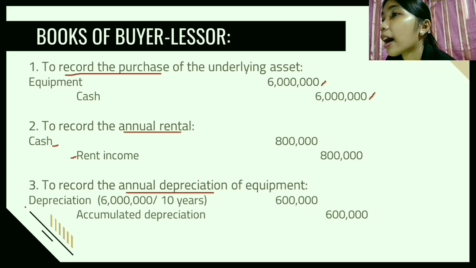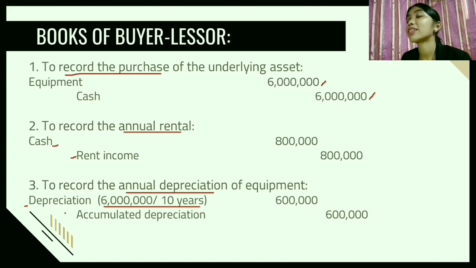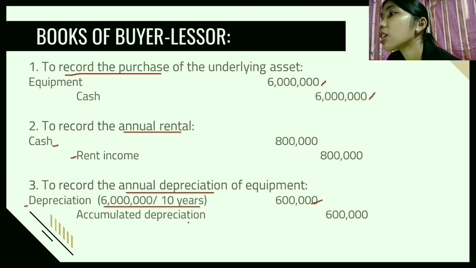We debit the depreciation account, which we get by dividing the useful life of 10 years into our cost of the asset. Our depreciation is 600,000 pesos. And then credit the accumulated depreciation of 600,000 pesos also.